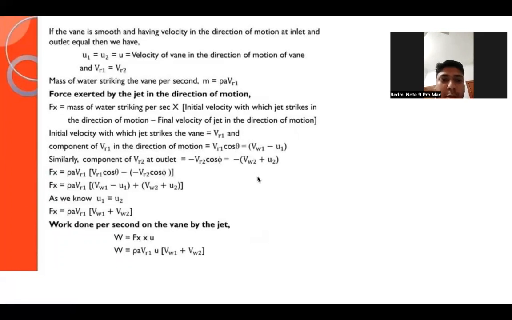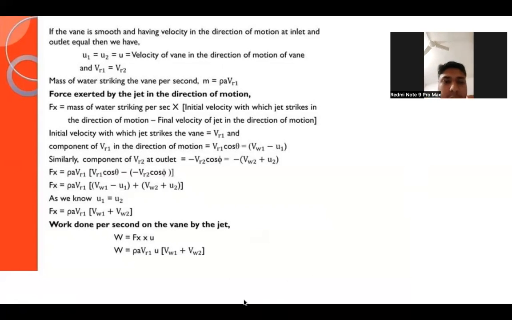Here we have taken the assumption, as before, that the blade is smooth, so vr1 and vr2 are equal, and as u is constant, u1 and u2 are equal. Force exerted by the jet in the direction of motion is equal to Q rho, that is, mass of water striking per second, into initial velocity minus final velocity.